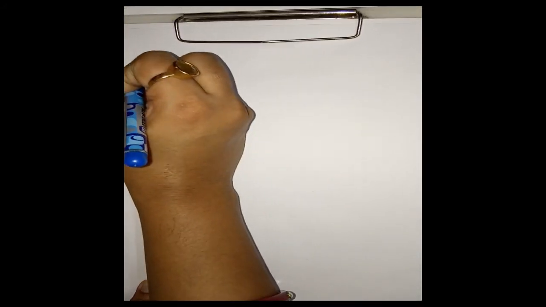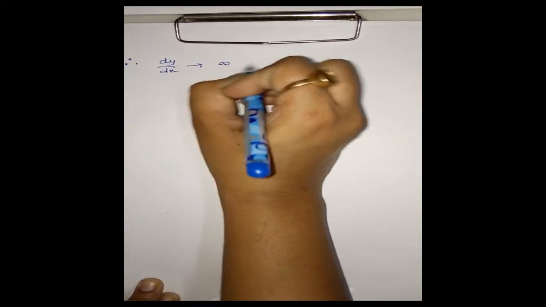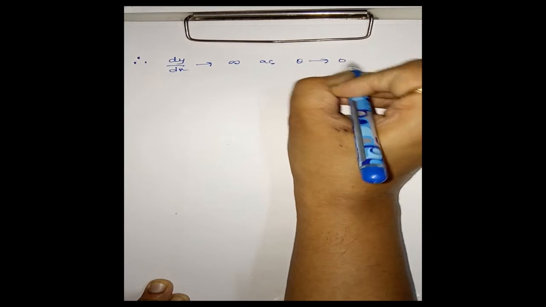Therefore, we note that dy by dx tends to infinity as theta tends to 0 and 2 pi.